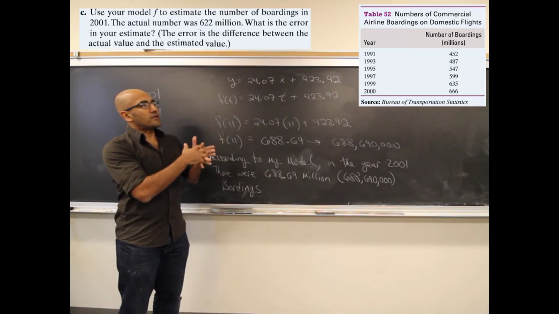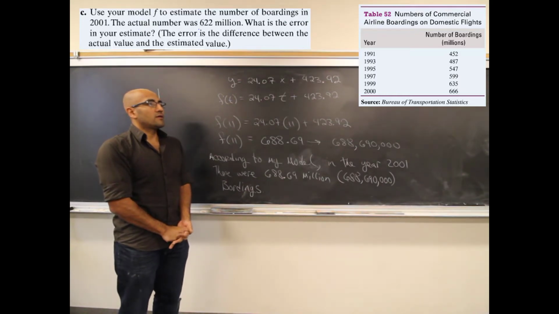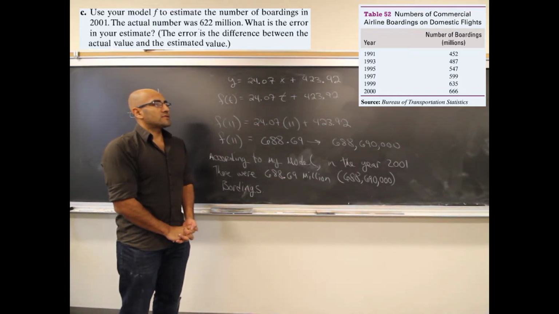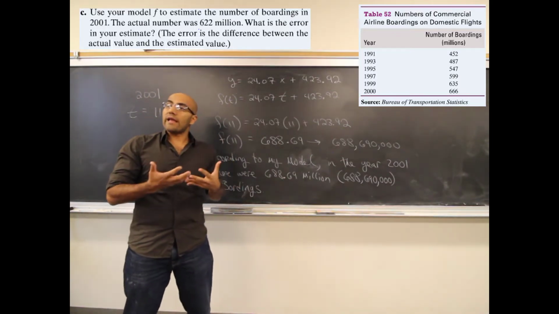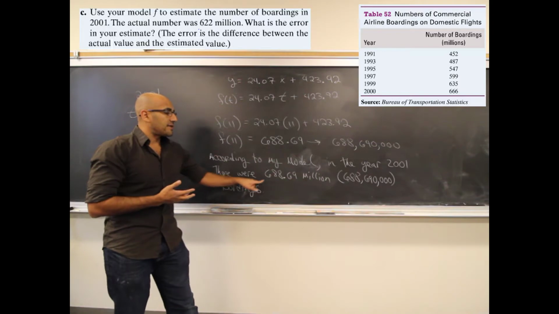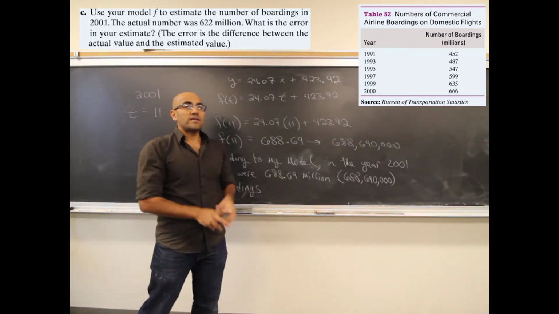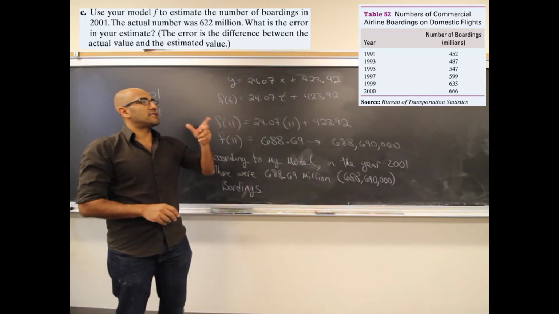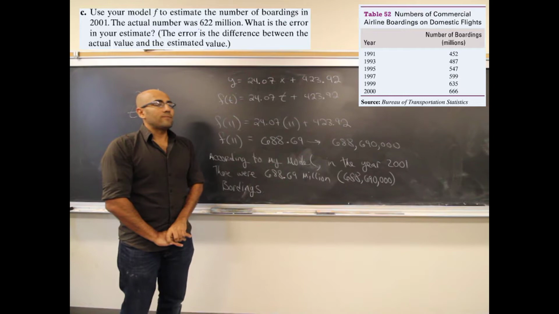Now the second part of the question says the actual number was only 622 million. What is the error in your estimate? Now that we know the real answer, we have an estimated amount and we have the actual amount. So the error is the difference between the estimated value and the actual value.